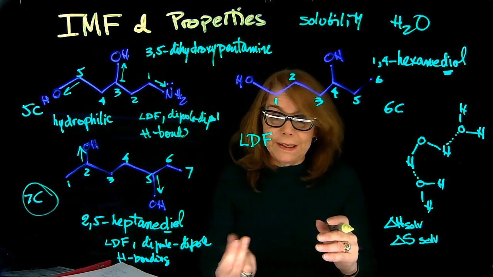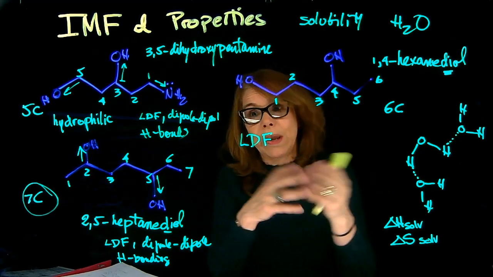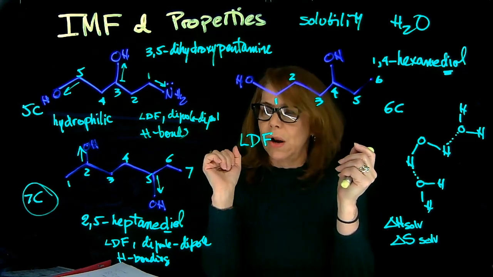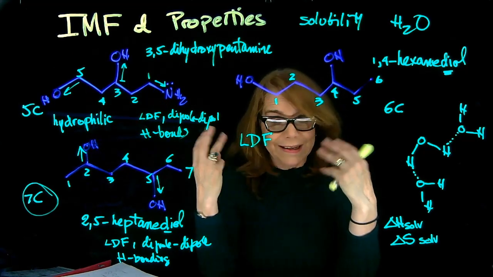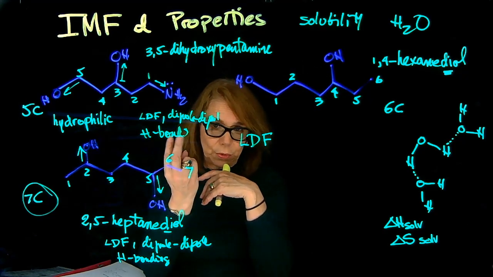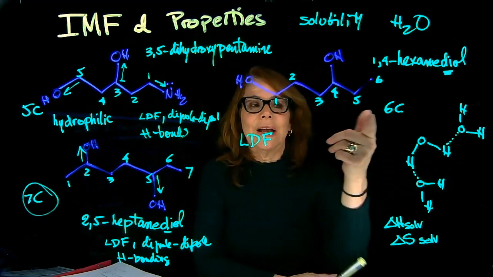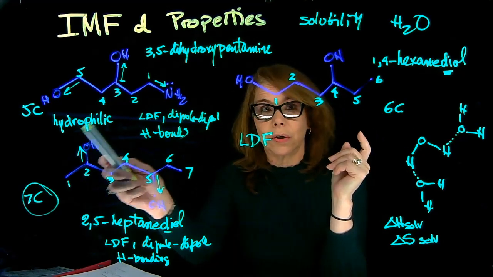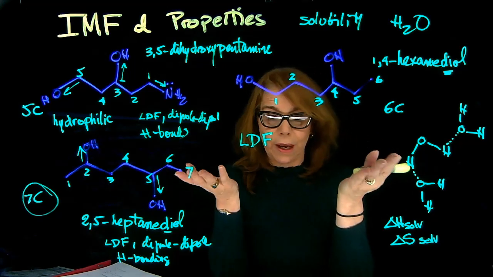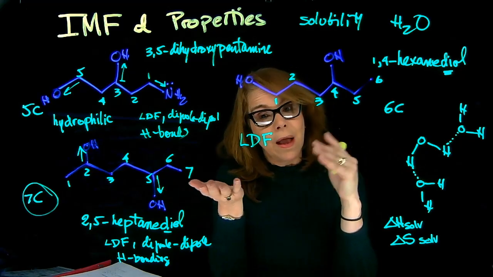So again, the hydrophilic portion weighs more in this molecule than the hydrophobic portion because it has fewer carbons and it has 3 polar groups. This is 7 carbons, 2 polar groups. This molecule here is in between, so it has 6 carbons, a little larger than that, and 2 polar groups.